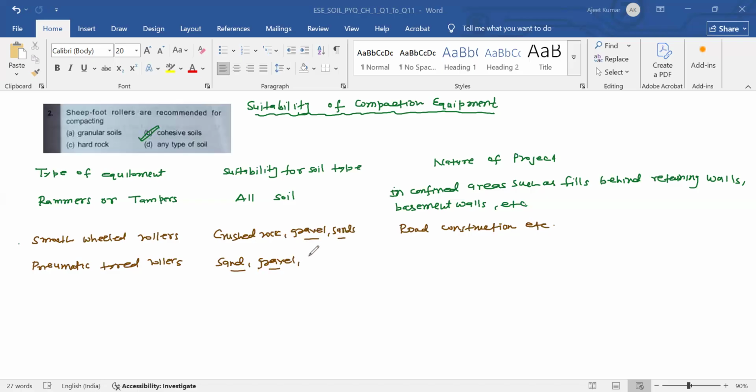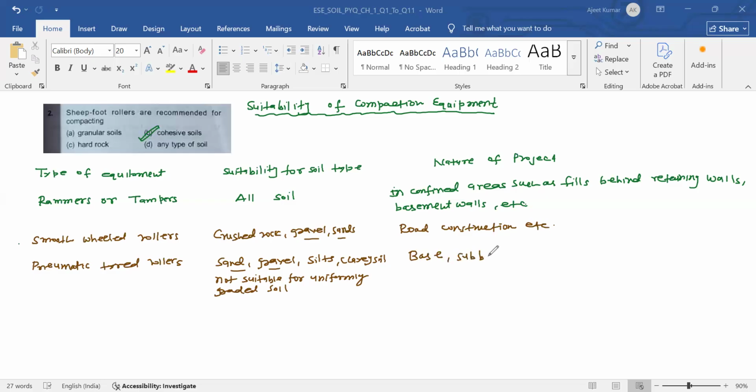Silts, clay soil, not suitable for uniformly graded soil.